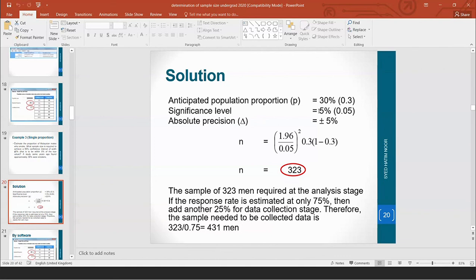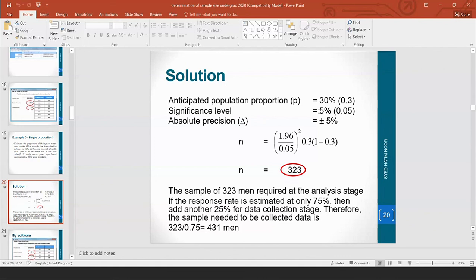So I don't think I can continue with sampling method. I think it's heavy already for you. Or do you still want to continue? No? Okay, I know, heavy already. Don't worry.